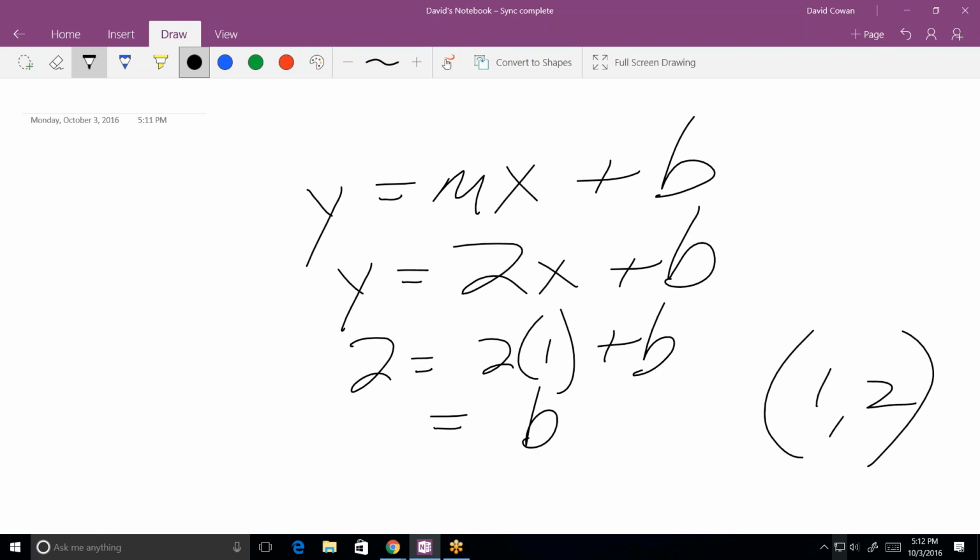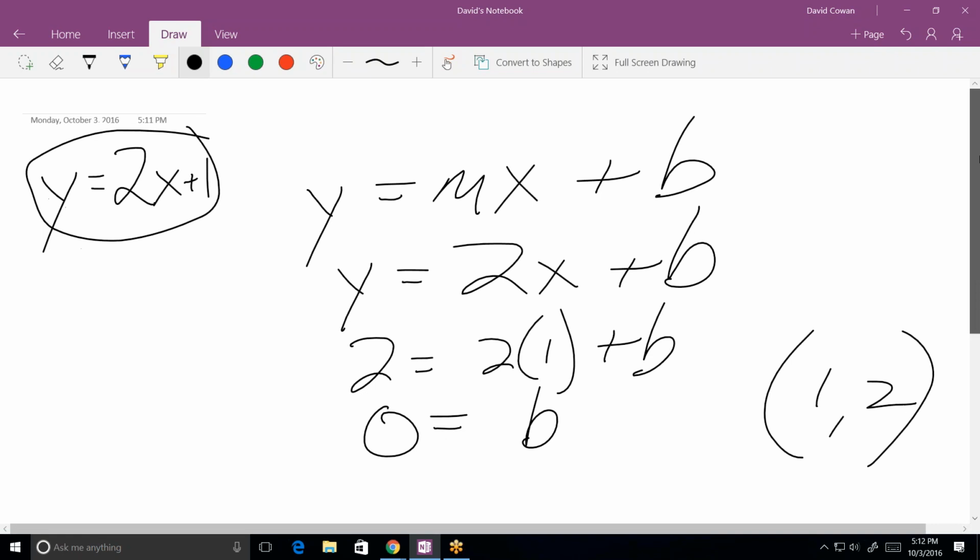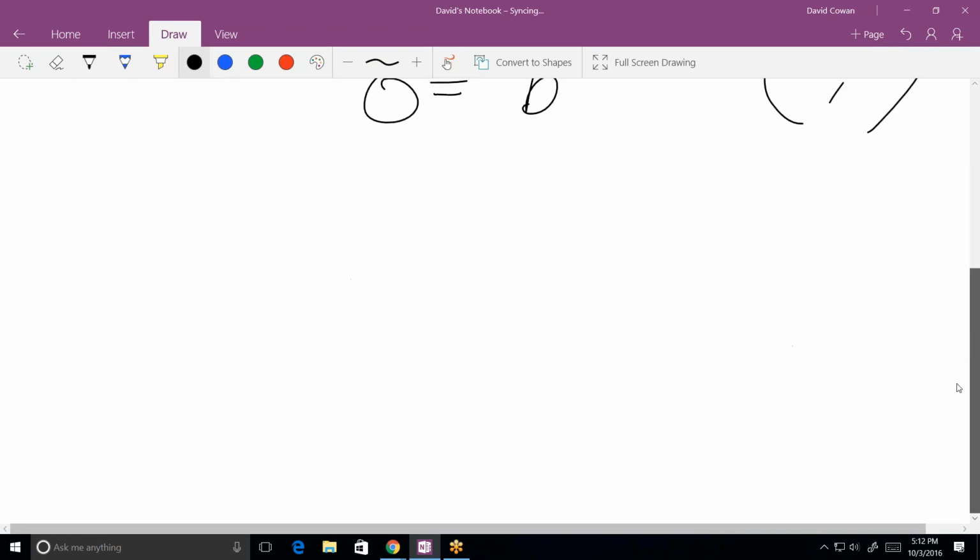Well, that means b is 0. So my original equation must be y equals 2x. If b had come out to be a number, like say 1, well then that's my equation. Notice my equation has one y, one x, and no other unknowns. Same principle for what we just did. That makes sense.